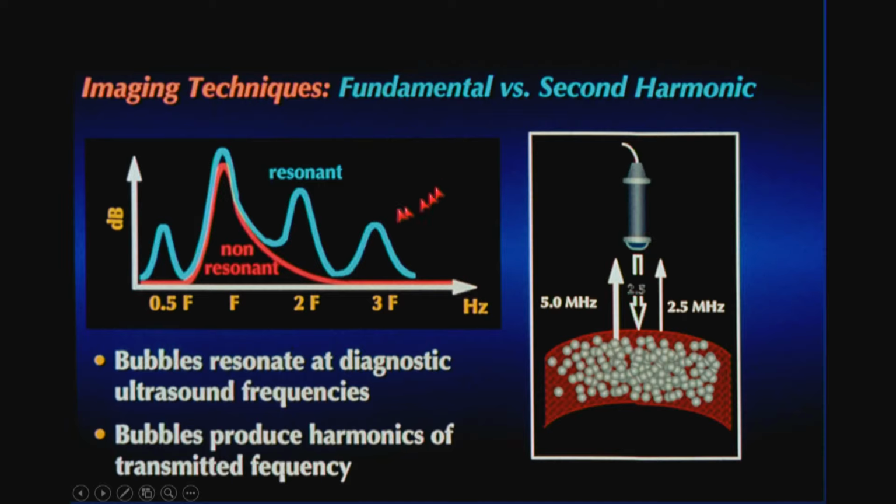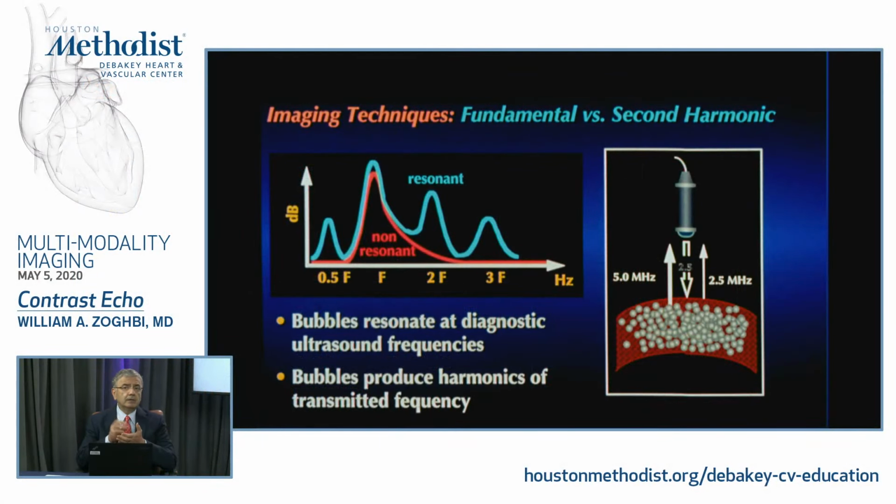Interestingly enough, the phenomenon of resonance, imaging at second harmonic, was initially popularized and actually investigated using contrast, not just regular harmonics of the myocardium itself, where we know you have fewer reverberations and artifacts. A second harmonic is whenever you send or emit a certain frequency, either when you hit the ultrasound crystals with energy, or, if you're a guitar player, when you hit your string with your fingers, it will emit a certain sound.